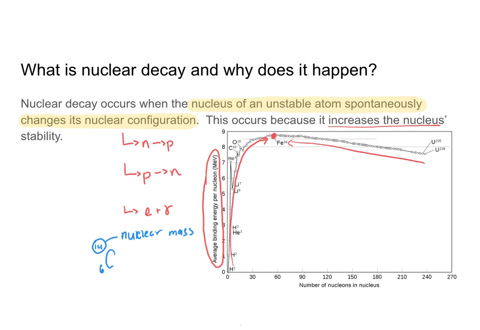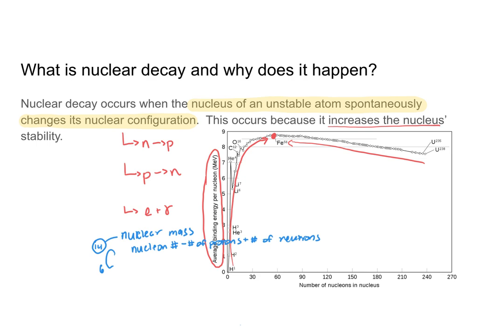This 14, more importantly for us, is also the nucleon number. Nucleon number is the number of protons and neutrons in the atom. So that is all of the heavy subatomic particles that make the atom up.